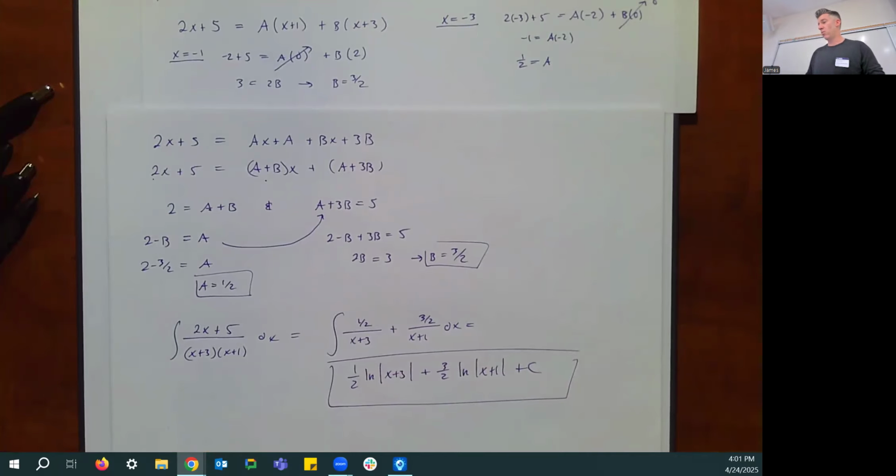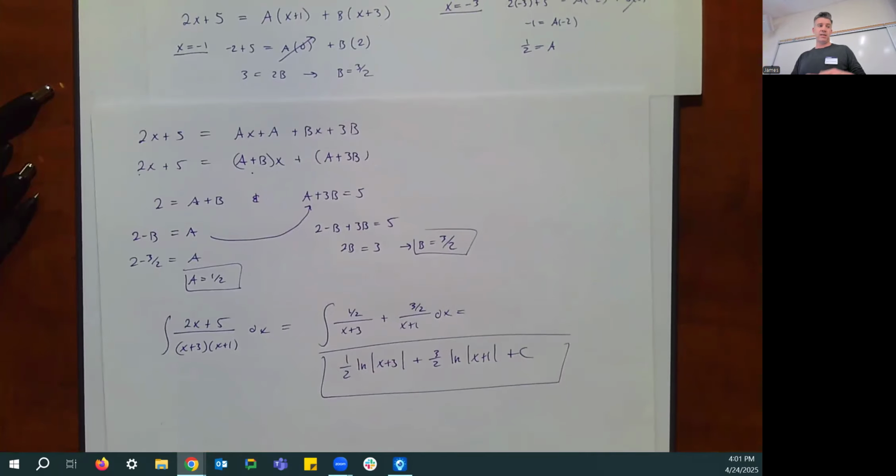So the whole idea is that once you've rewritten it as the partial fraction decomposition, the integral is much simpler to find.